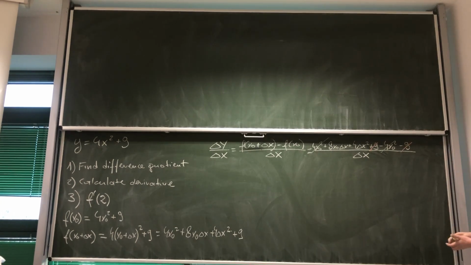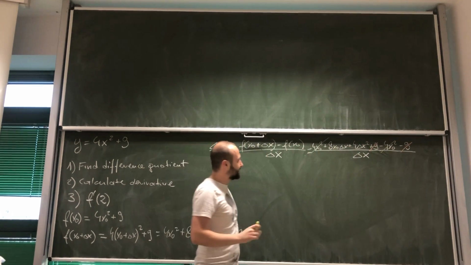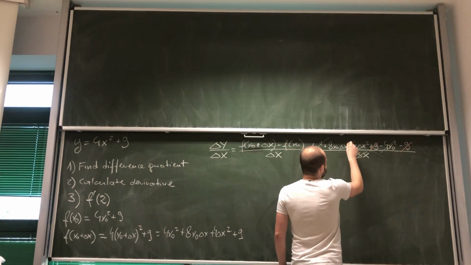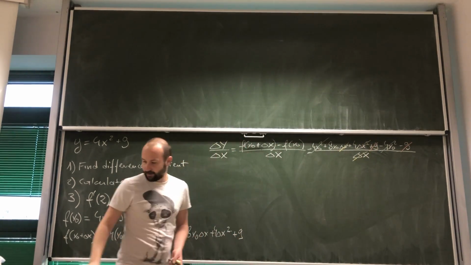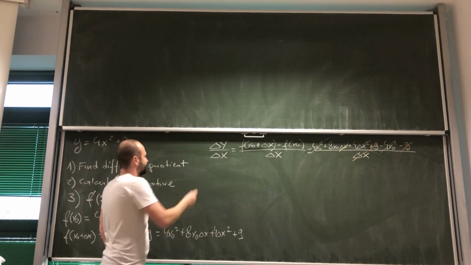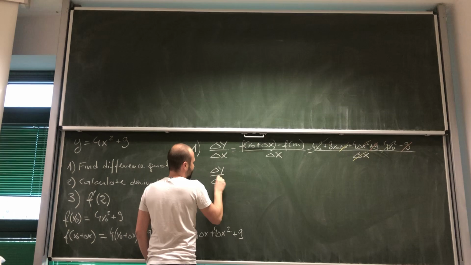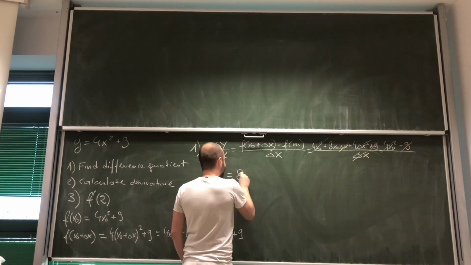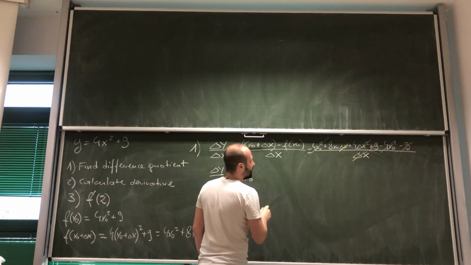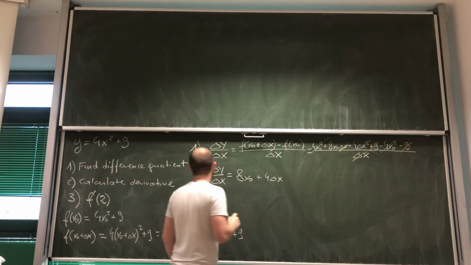And then we see that all other expressions have delta x in them, so we can cancel it out. Okay, and out of this, we get that delta y over delta x, so the difference quotient, is equal to 8x0 plus 4 delta x.